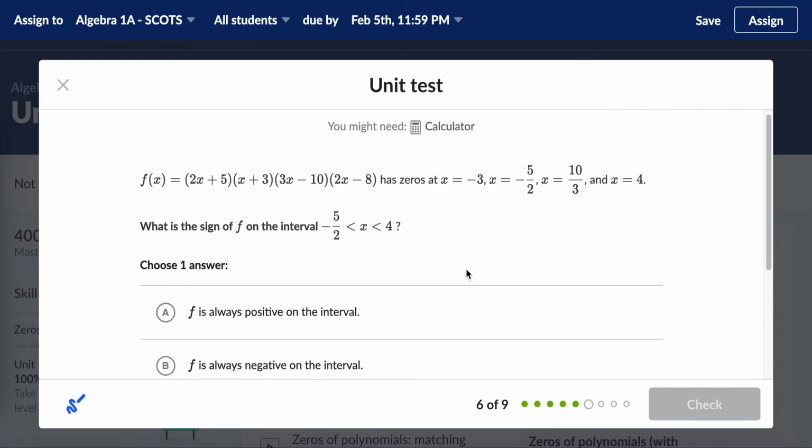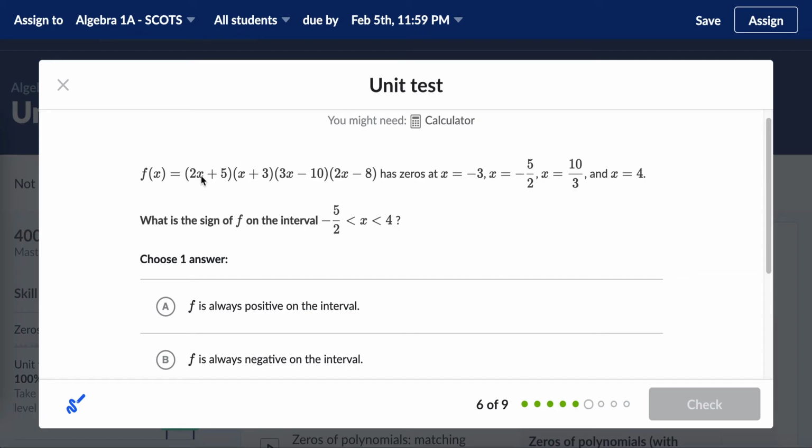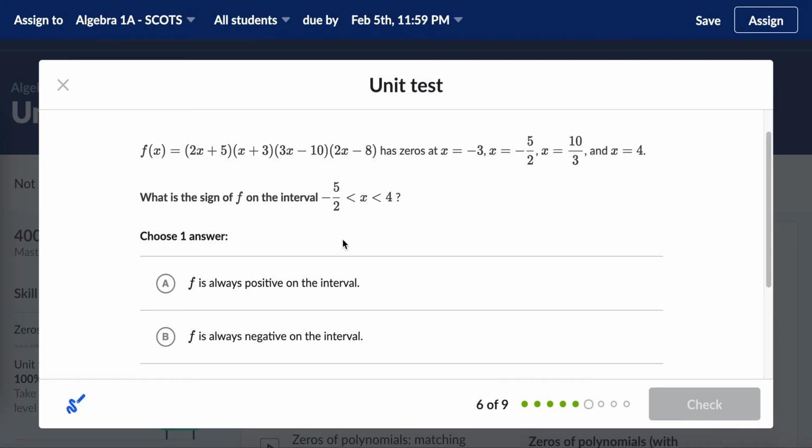So we've got an equation here. We've our polynomial right here. We've been given the factors, and we've been told what the zeros are. Right. So this is nice for us. This is similar to what we looked at before. So let's take a look at what we've got. We've got 1, 2, 3, 4.